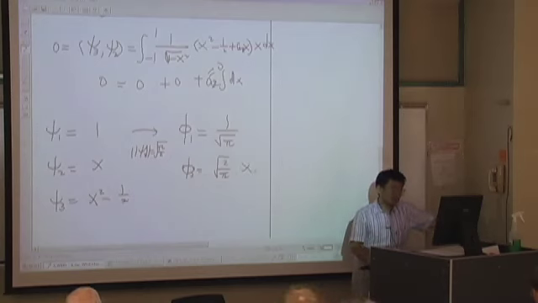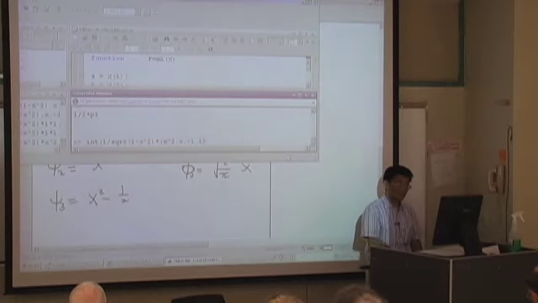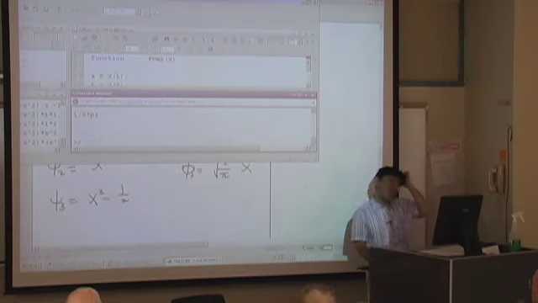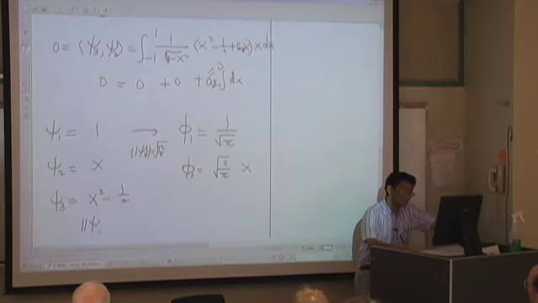And then the third one, I can change this to the next basis function, that is x squared minus 1/2. Then it gives us pi over 8. So this gives us square root of pi over 8.